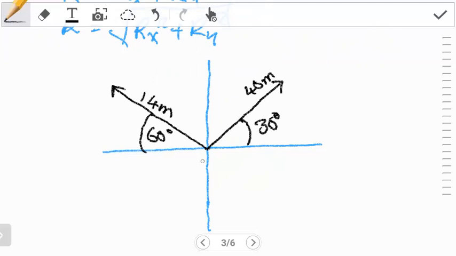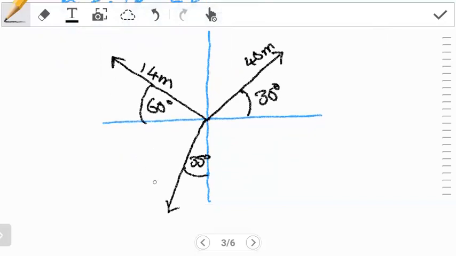And lastly, we have this, and this is 35. And the displacement is 50 meters. Okay, now, this has to be a straight line. It has to start from the origin.